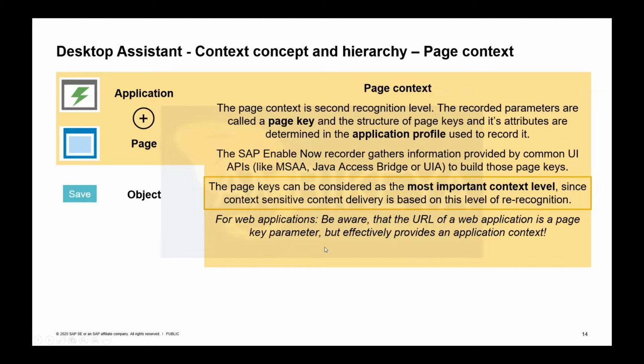All the helps for all the web applications within one context would not make that much sense. So for web applications, the page, if we talk about keys, takes over the role of the application as well. The page keys for web applications always contain the URL, and the first portion of the URL should identify the application. So for web apps covered with Desktop Assistant, we have to go one step further.